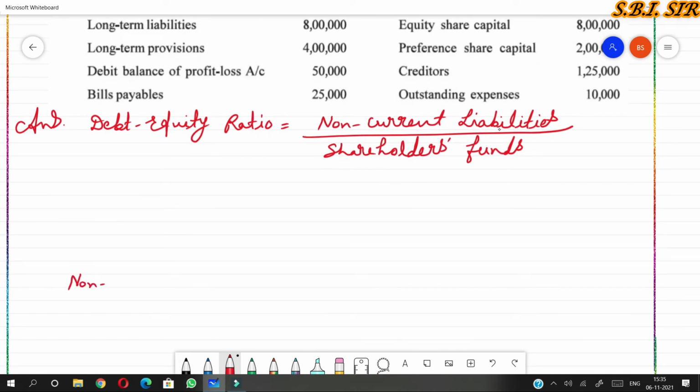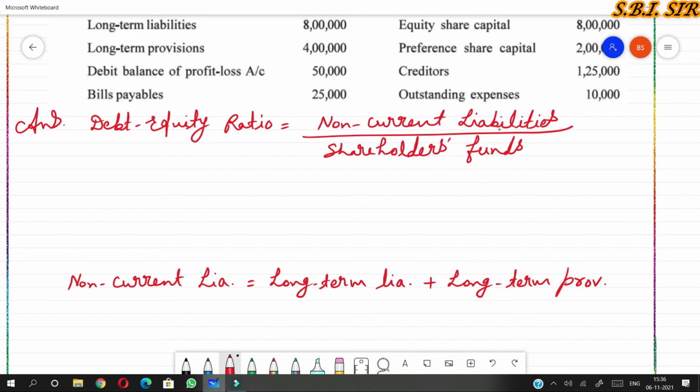First, non-current liabilities equals long-term liabilities plus long-term provisions. Long-term liabilities 8 lakh plus long-term provisions 4 lakh. 8 lakh plus 4 lakh means 12 lakh.